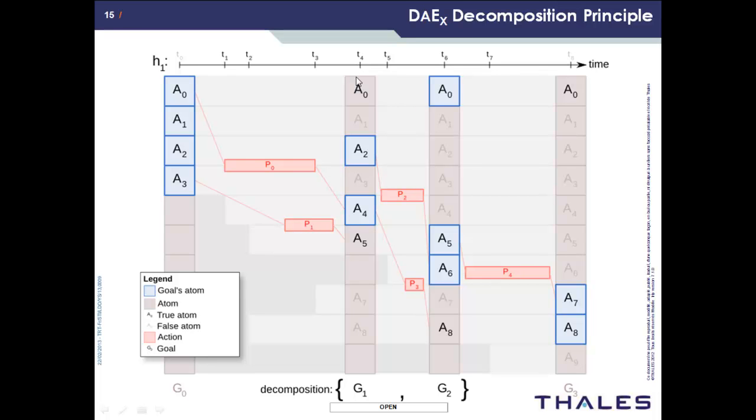To do so, we're going to select again randomly a number of atoms in the set of possible atoms for that timestamp, and we're going to do so while respecting the mutual exclusivity constraints.